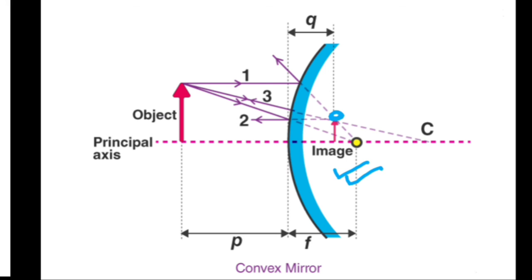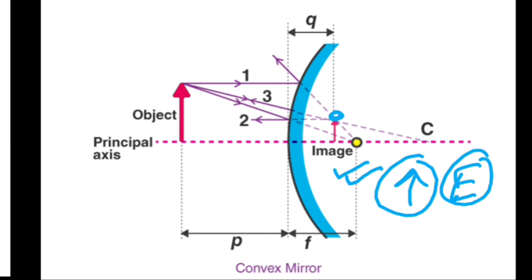And also if you look at the size of this image, it is diminished, okay, means it is smaller as compared to the object, and also it is erect because it is in upward direction, and also it is virtual because it is forming because of the virtual intersection of the rays.